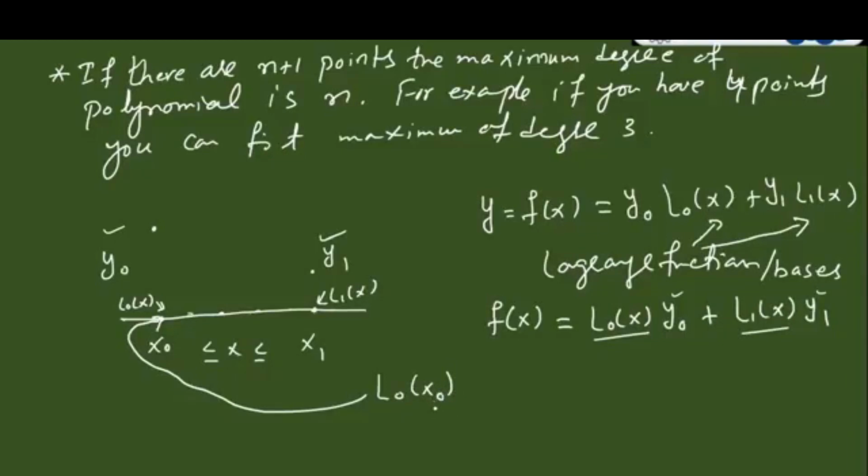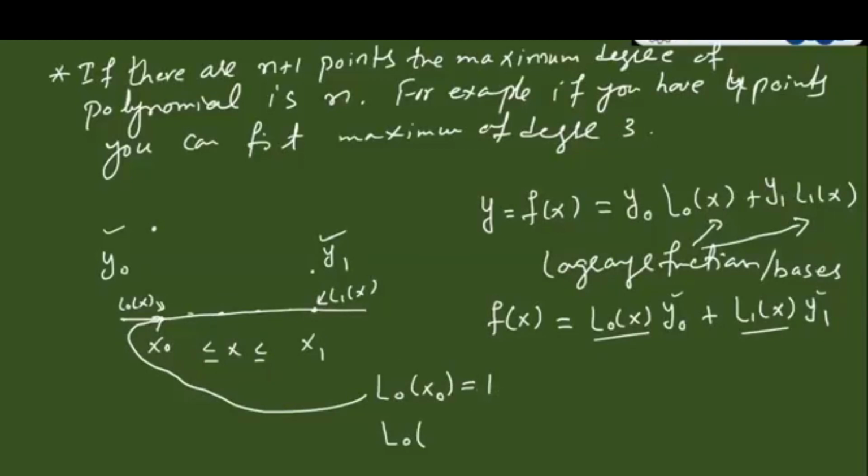It has to exhibit a certain characteristic: if I put x0 here, I will get 1, and on the same function if I put any other node, in this case there are two nodes only, x0 and x1. So if I put x0 in L0, I will get 1. This is how the Lagrange basis is defined.